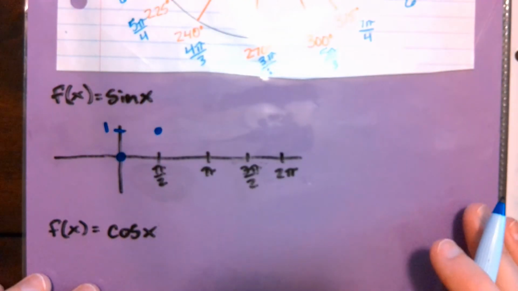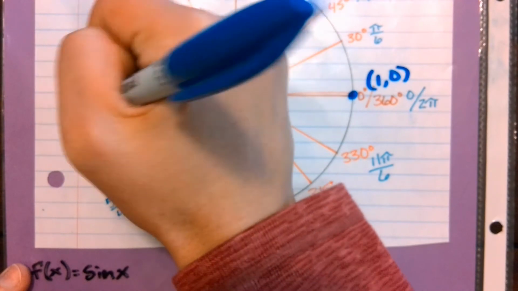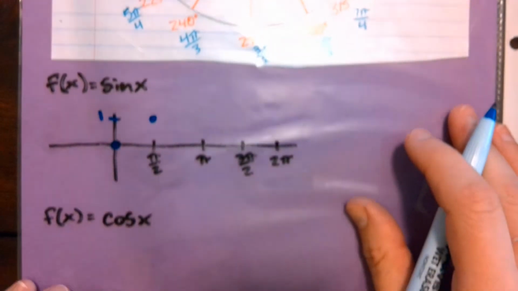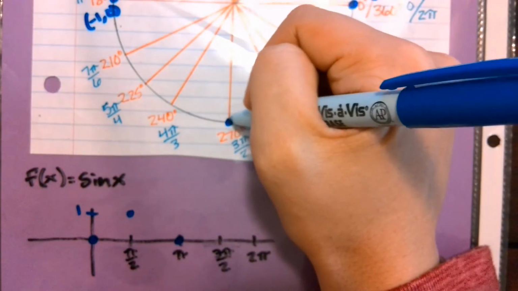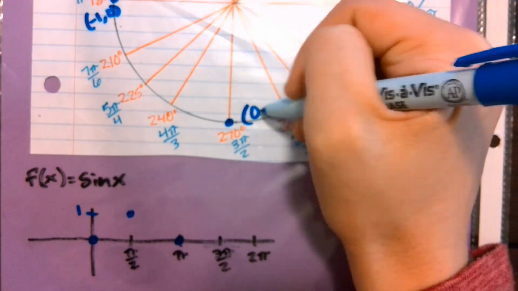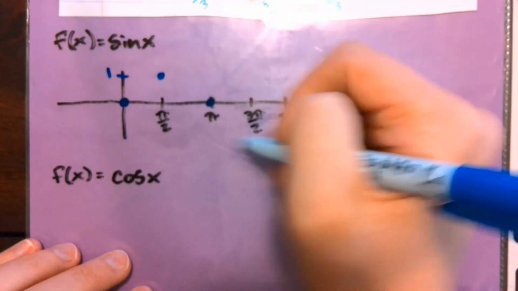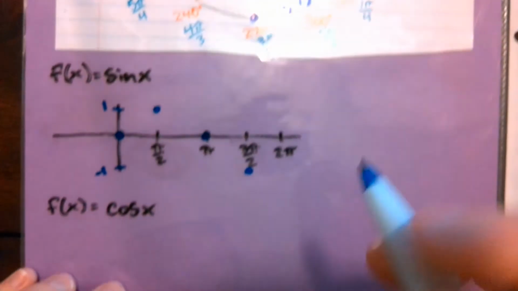That's our value at 1. If we're at pi, sine of pi is going to be 0 again. Three pi over 2. Now we're at negative 1 for sine. Give myself a negative 1 here. And then when we're back at 2 pi, now we're back at 0.